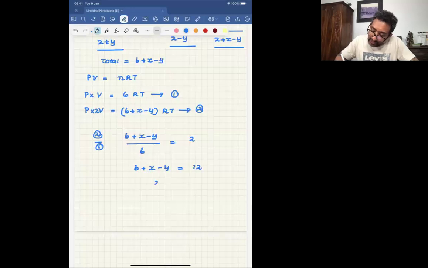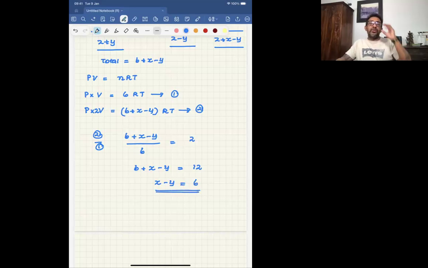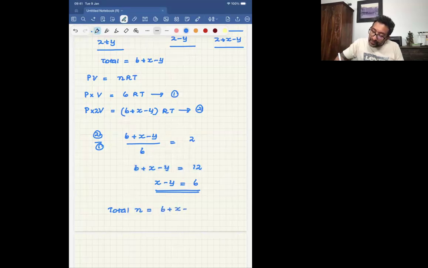So now you all know x minus y is equal to how much? 6. Did you understand that? What is the total number of moles? 6 plus x minus y, and x minus y you have counted as 6. 6 plus 6 is 12. Total number of moles is 12.